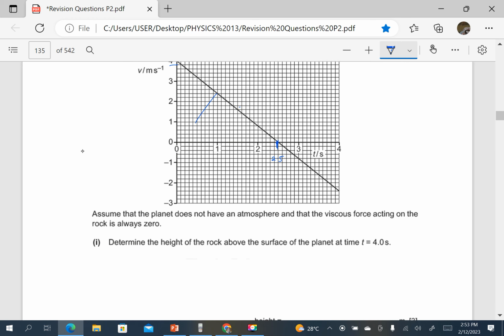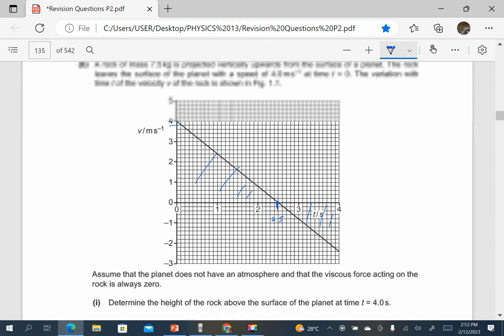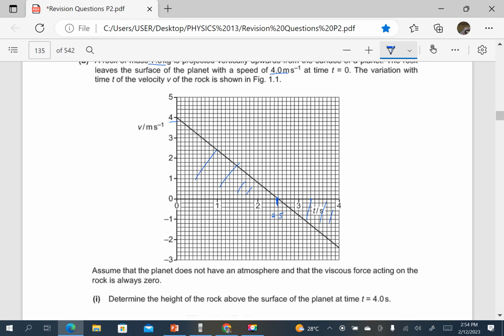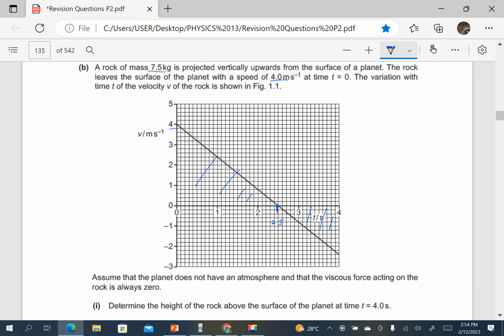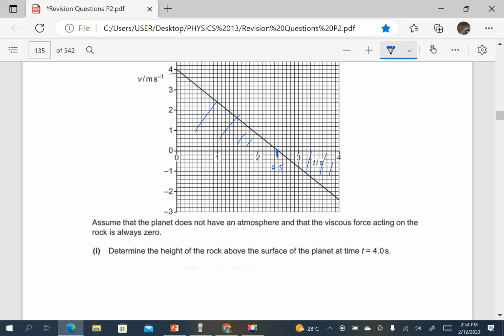So here it has gone up, here it is coming downwards. It lands at a certain height. The rock leaves the surface of the planet with a speed of 4 meters per second at t equals 0.